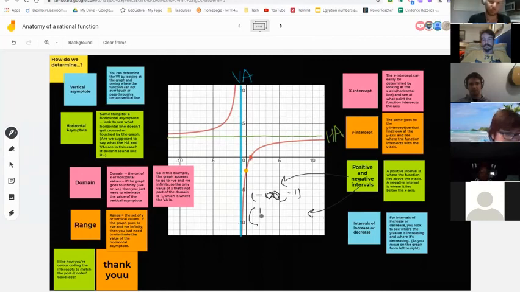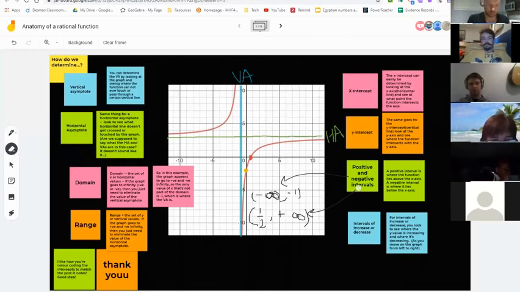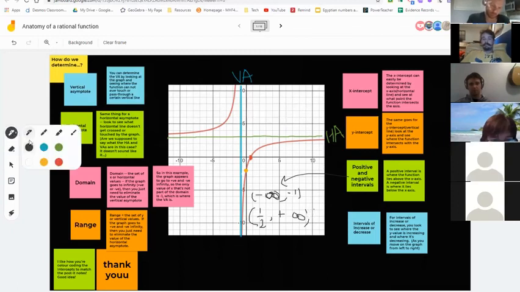So it would be 1/2 all the way to +infinity. Those are my positive intervals. Sorry, I did this wrongly because it may appear that this is a negative interval, but it's not. This is an interval where the function is positive, these 2 intervals.